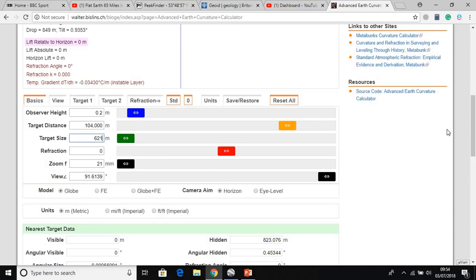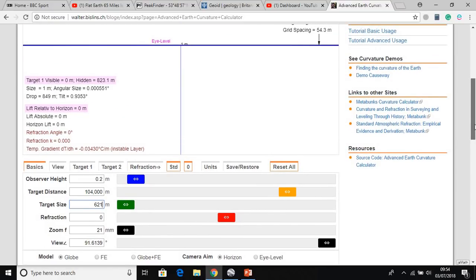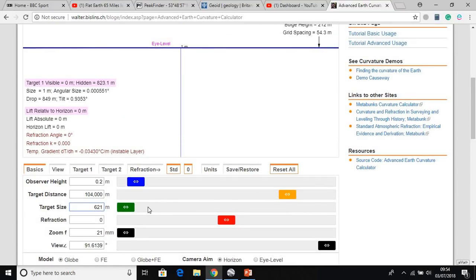We're at the moment zoomed all the way out, and the model shows... I haven't actually added the target size, so we'll put that. There we go. So we've added the target size now and the distance.